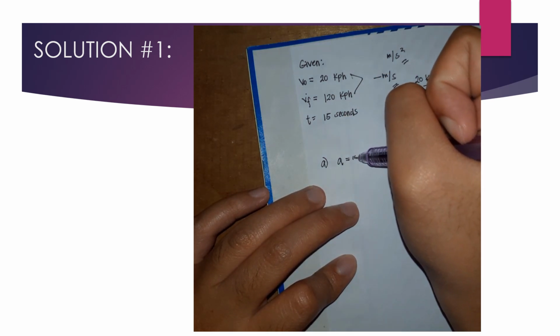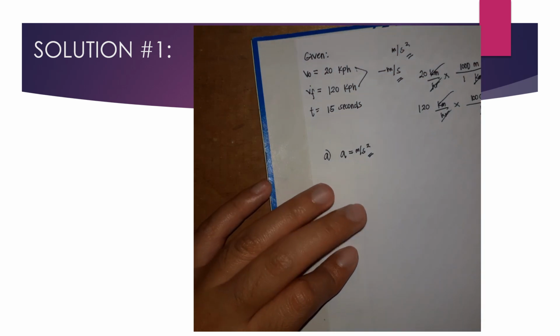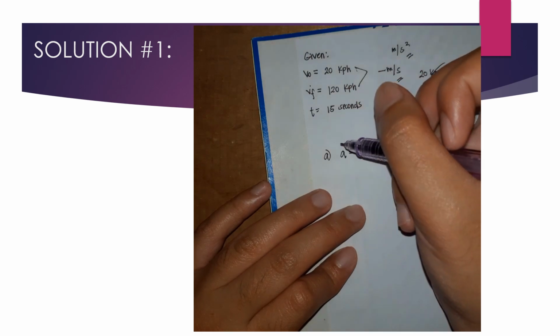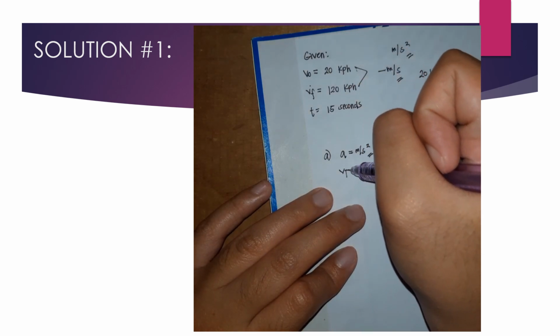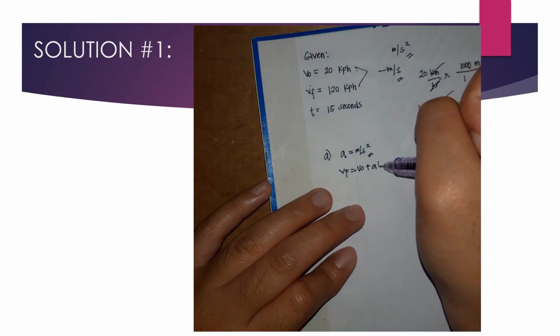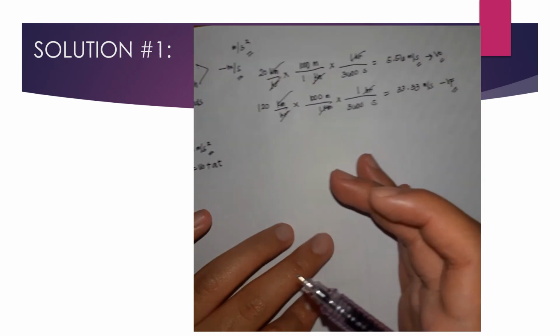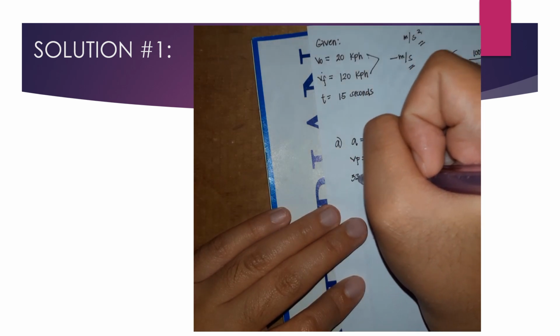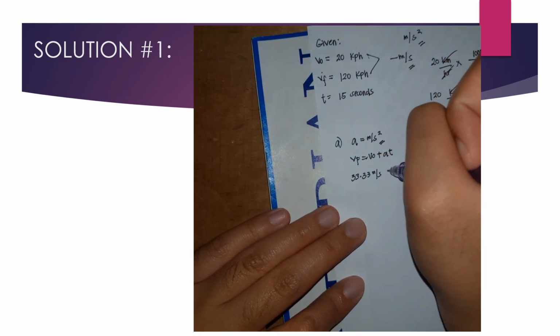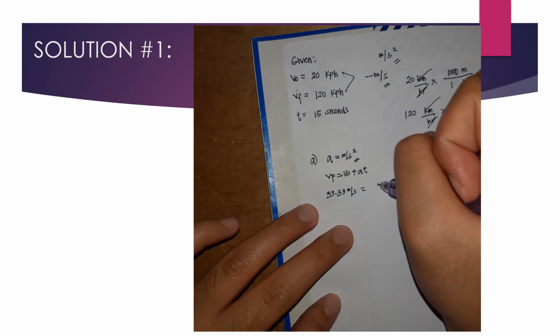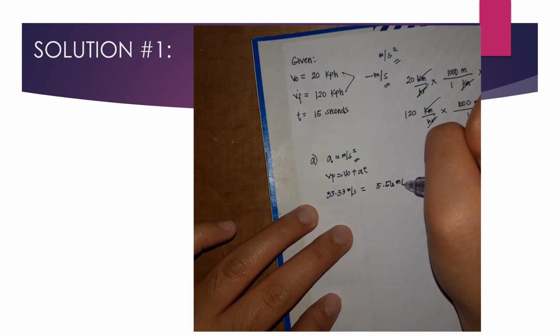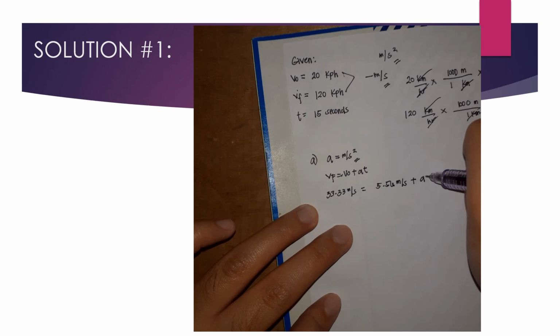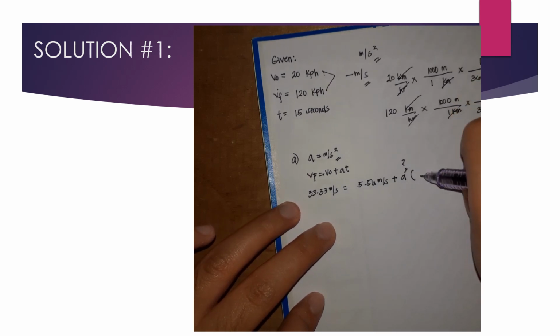So letter A is looking for the acceleration in meter per second squared. So since we have our V final and our V initial already converted as well as our time, we can use the formula Vf is equal to V initial plus at. So we have our Vf 33.33 meter per second, so we just plugged it in. And our V initial, which is 5.56, plus our acceleration, which is unknown, and our given time, which is 15 seconds.